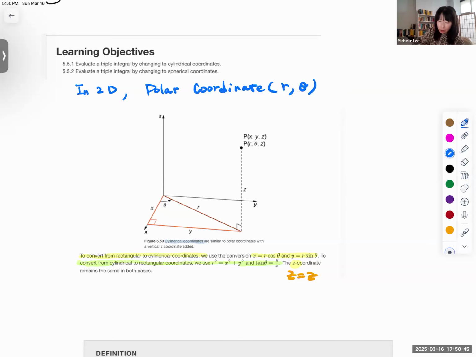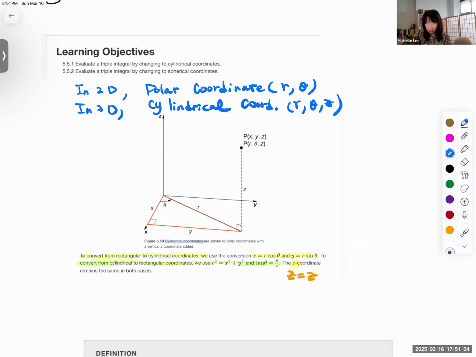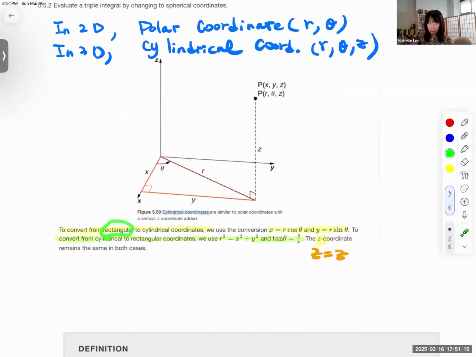Then in 3 dimensions, we have cylindrical coordinates, so we just add z. So r, theta, z.